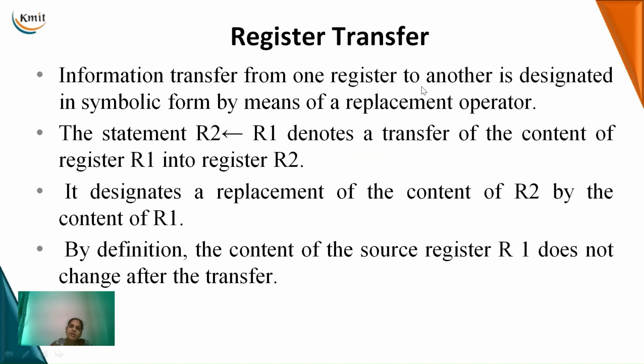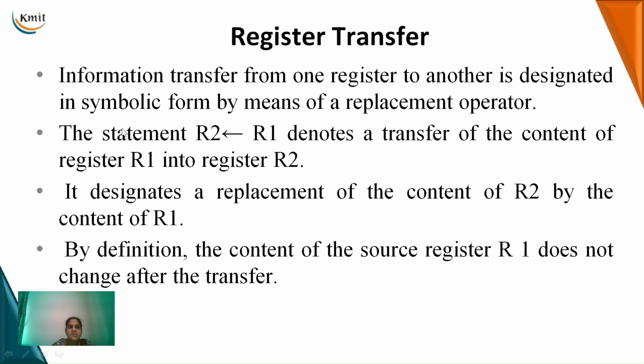Next, coming to register transfer. Register transfer is a method of transferring the information from one register to another register. This transfer of information is represented by a symbol, an arrow like this, which we call a replacement operator. The replacement operator is used to denote the transfer of information from one register to another.